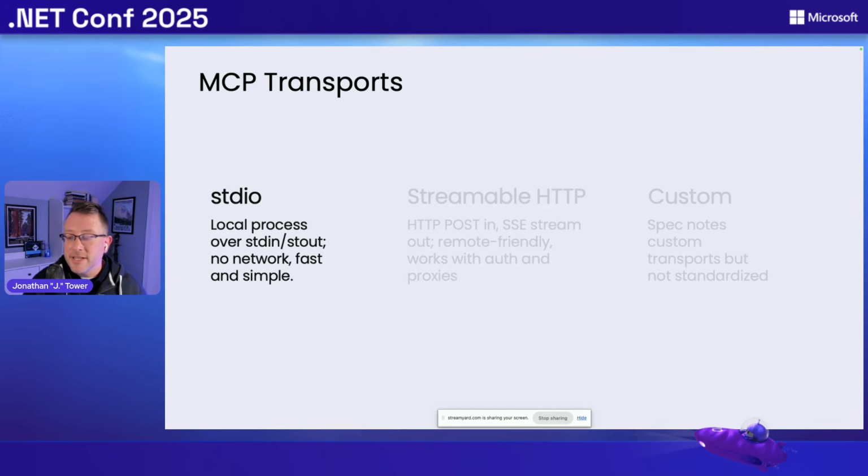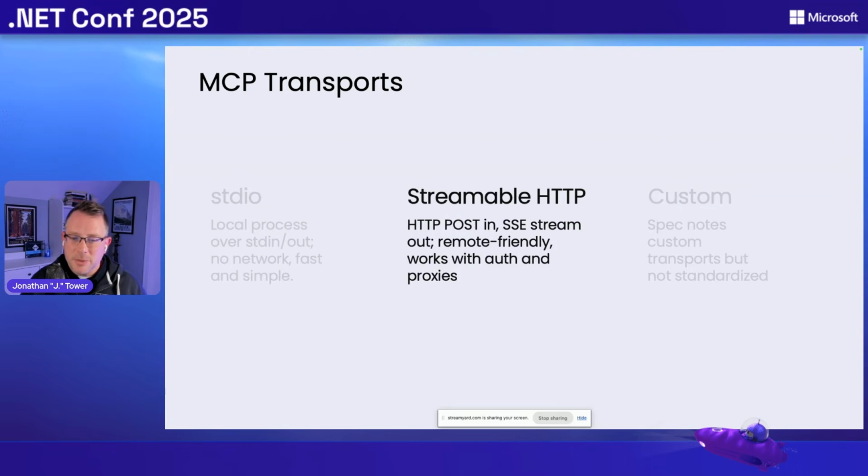But a lot of scenarios are not going to be on the same machine. And so that's what the streamable HTTP transport is for. It uses a couple of different methods in HTTP. Number one, it uses POSTs to send data in to those external systems. And then it uses server-side event streams to get data out. So basically long HTTP GET requests, with server-side events coming back to the client through those GET requests.